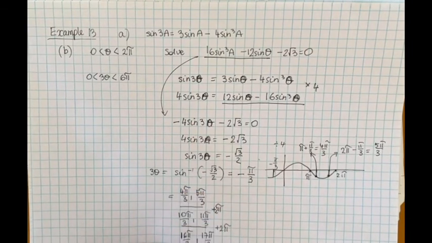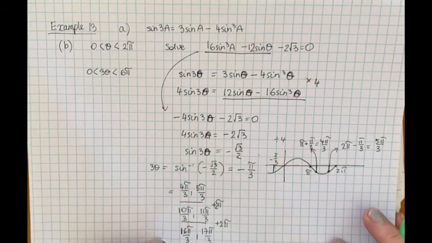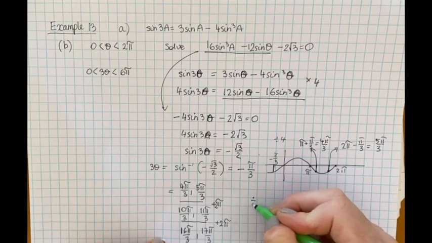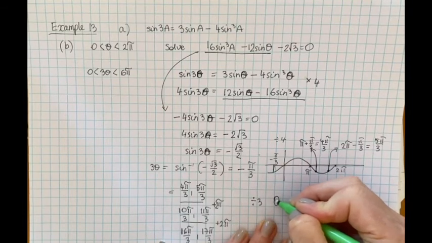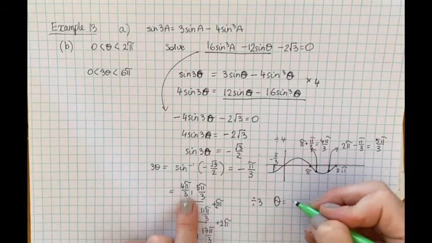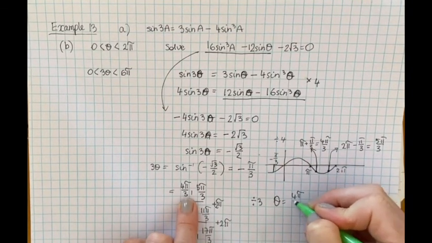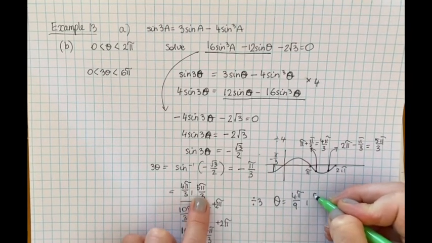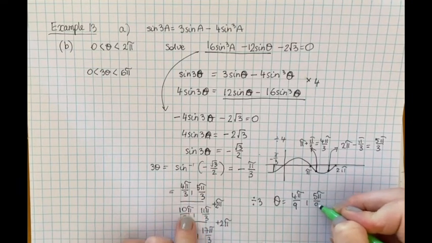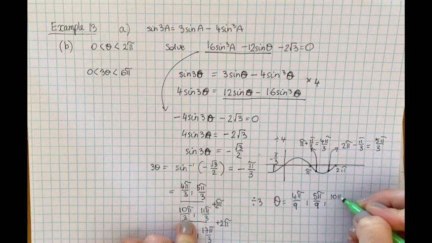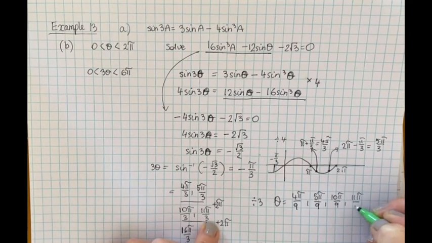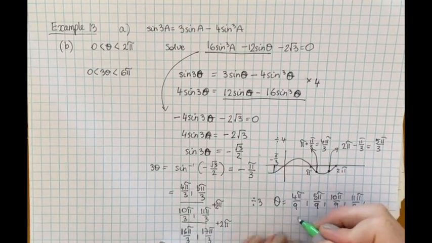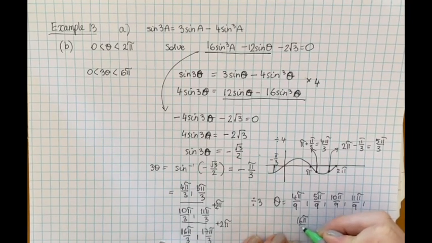However, this is what 3 theta is equal to. So we are going to divide everything by 3 and then jot down the solution. So theta is equal, if you divide 4 pi over 3 by 3, you get 4 pi over 9. 5 pi over 9. 10 pi over 9. 11 pi over 9. 16 pi over 9.